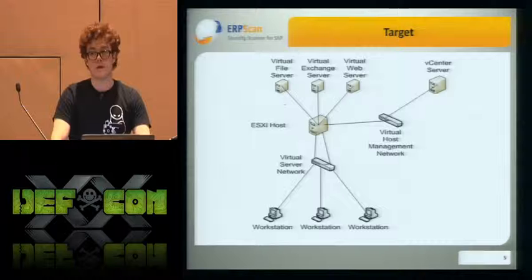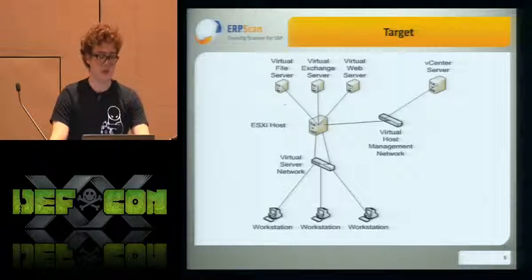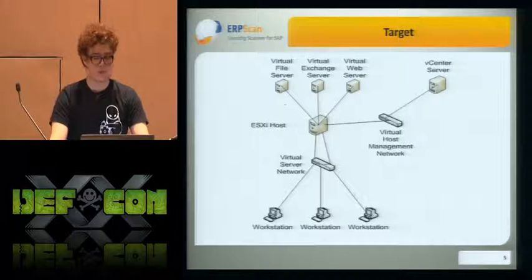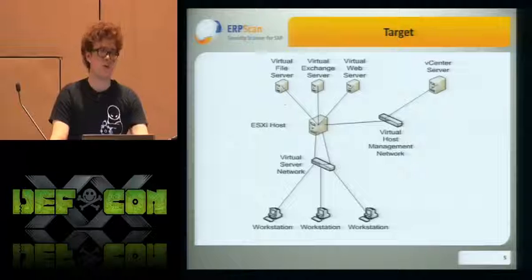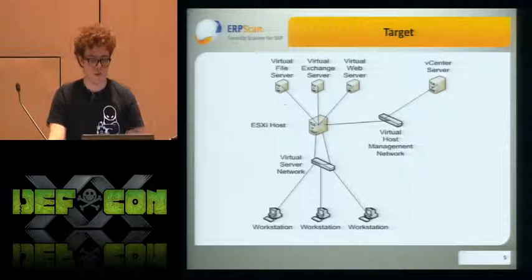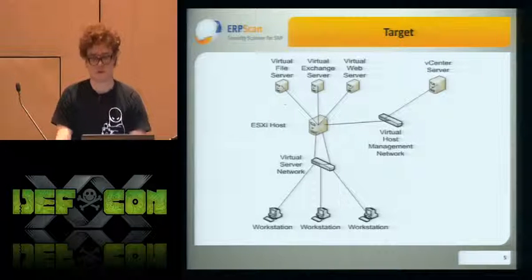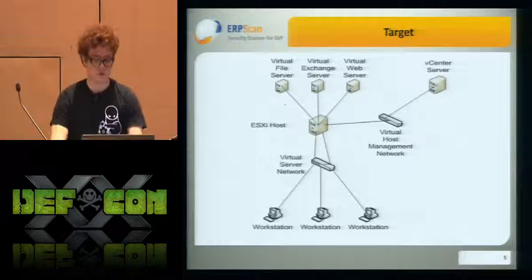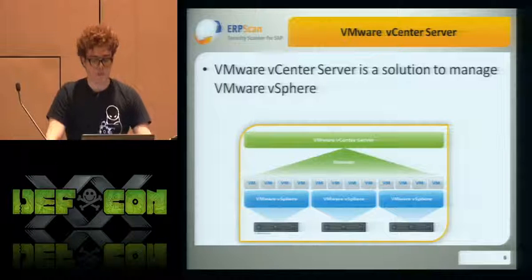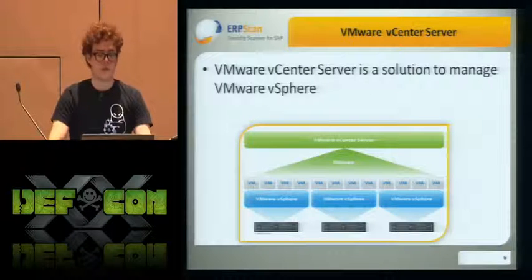So one day we had a big network, and all the infrastructure was built on VMware ESXi hosts and vSphere. All seemed pretty secure, all patched up with the latest updates. There was no default password or anything stupid, so we decided to try attacking the vCenter server, because vCenter is a solution to manage vSphere.